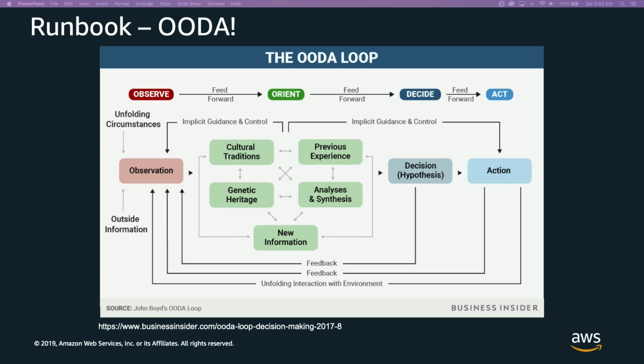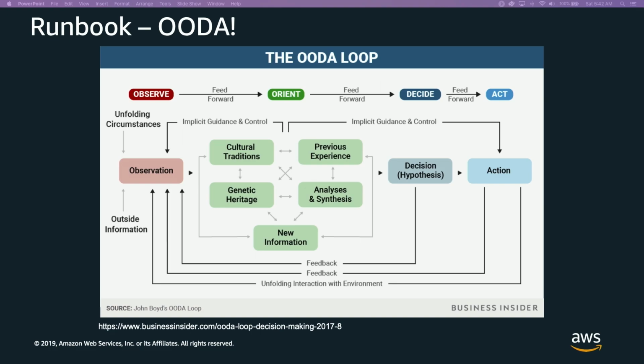The next one is Orient, and Orient is around understanding those observations. So it's applying what you're seeing and starting to formulate: have I seen this before? What could I possibly need to act on? And do I need more information?